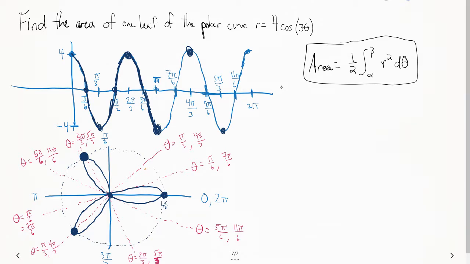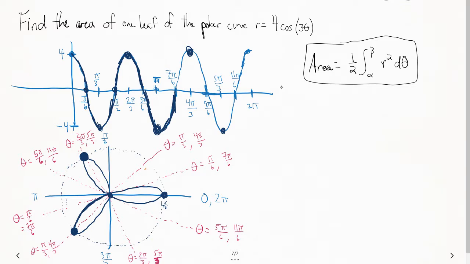So now from pi to 7 pi over 6, we're in this quadrant right here, but since we're negative, it's going to reflect back up into here. So pi to 7 pi over 6, oh wait, it's the same graph as what we started with, because it's just the negative version of that. And the same thing happens from 7 pi over 6 to 4 pi over 3, we're retracing this curve right here.